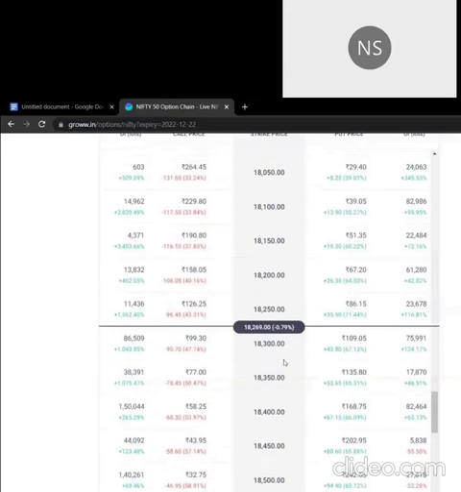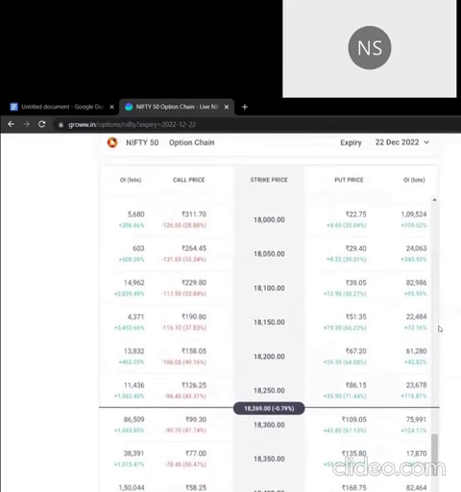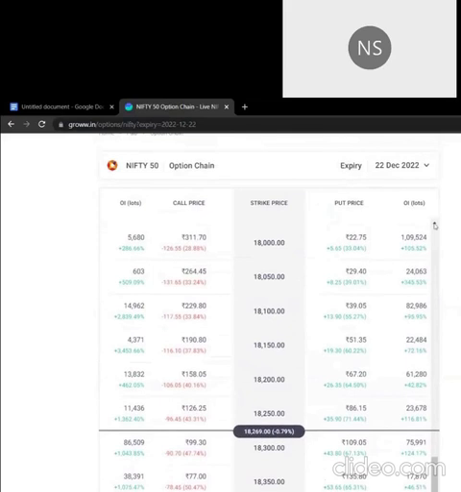So now let's understand what is options price decay. As I mentioned, the expiry for Nifty 50 options is every Thursday. For example, today is 18 December and the next Thursday is 22nd December. So the expiry will be on 22nd December, which is Thursday.